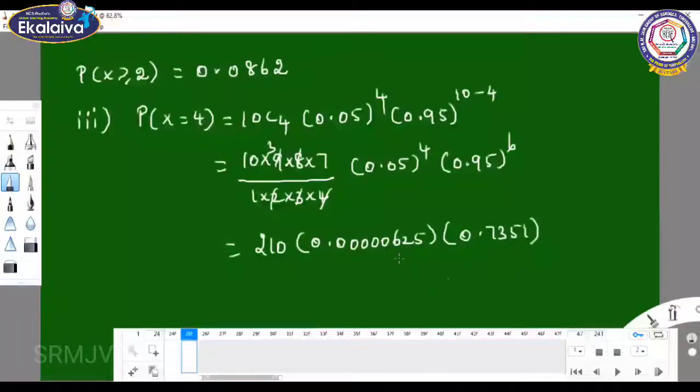When we multiply these two numbers, we get 0.0009648. So for exactly four defectives, the value is 0.00096.